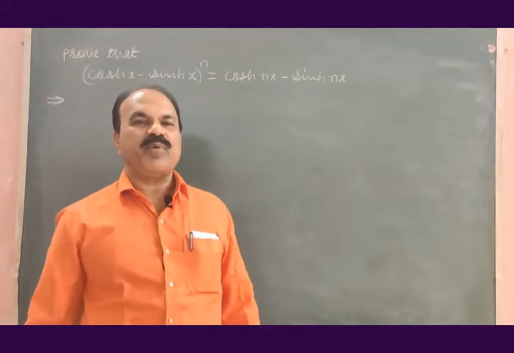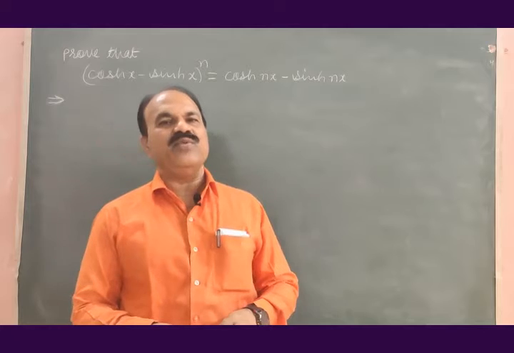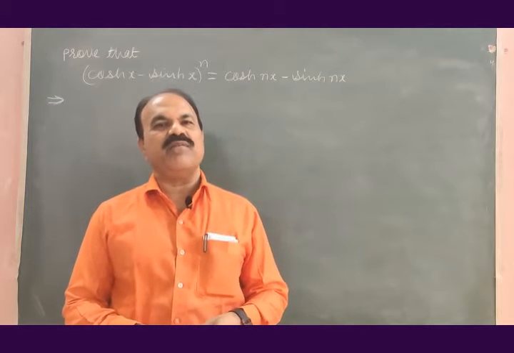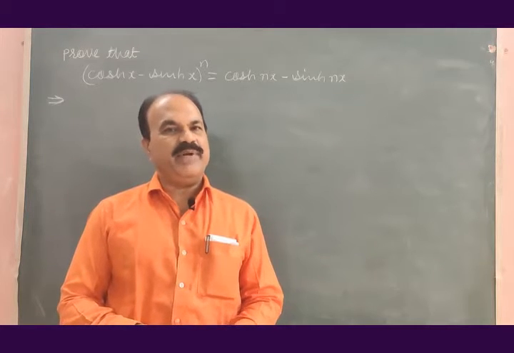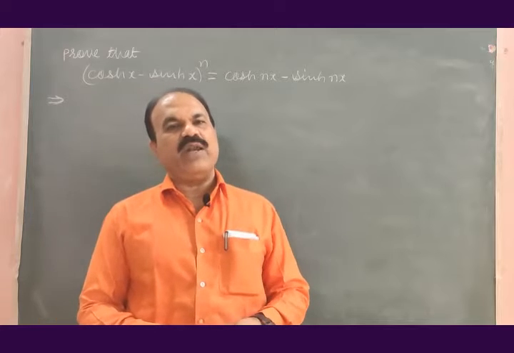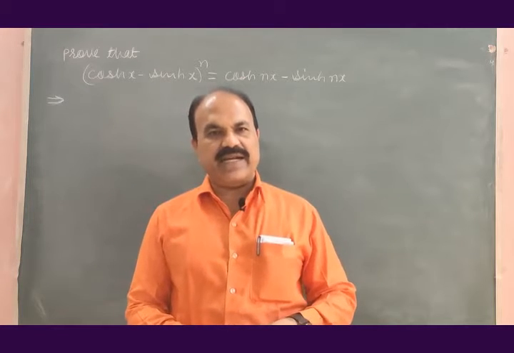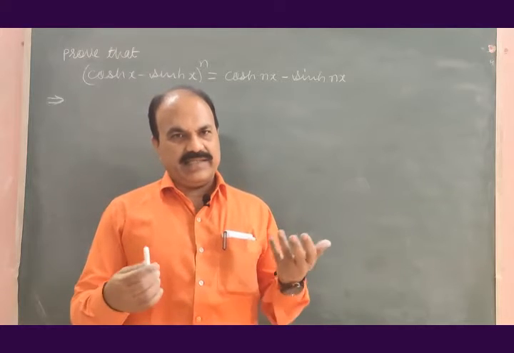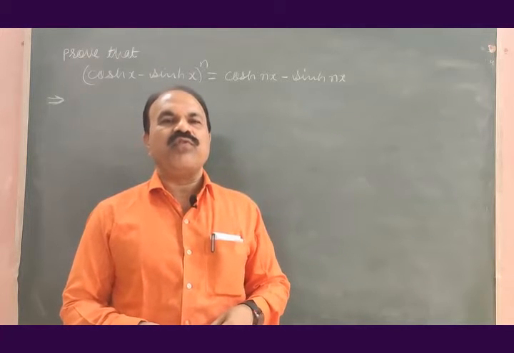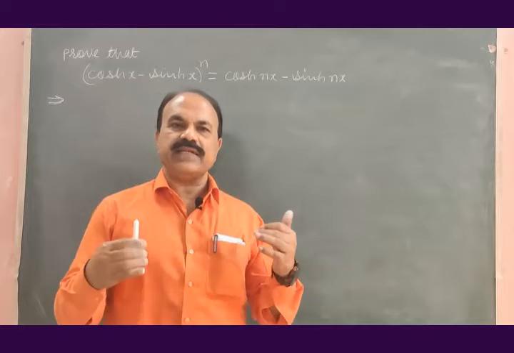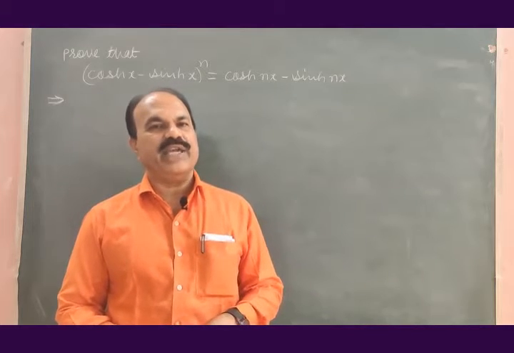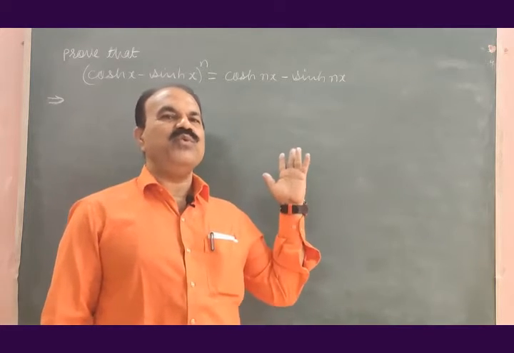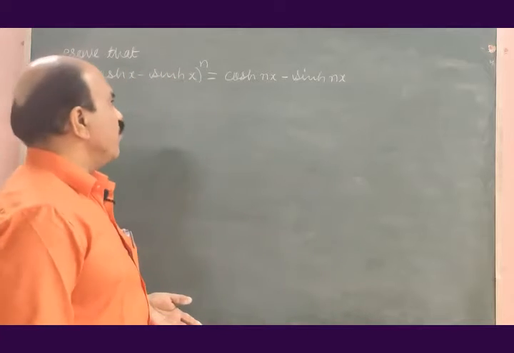Consider sin hyperbolic x as e to the power x minus e to the power minus x divided by 2. Taking these values of cos hyperbolic and sin hyperbolic, you can go for the proof for all the hyperbolic functions I gave yesterday. Let me do one for you, and that is what?